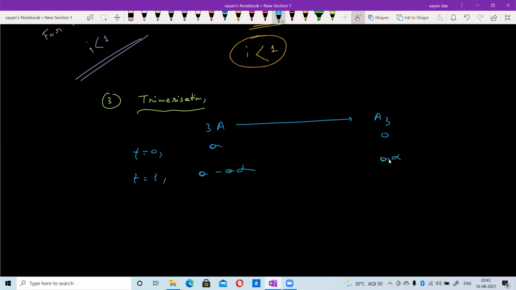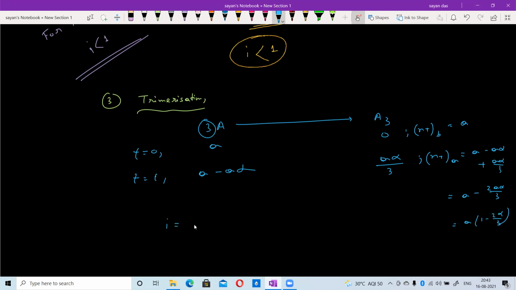This one is A alpha, but this value should be divided. So what will be the NT value before dissociation? That is A. What will be the NT value after dissociation? That means A minus A alpha plus A alpha by 3. It becomes A minus 2A alpha by 3. Now when you take A common, 1 minus 2 alpha by 3.